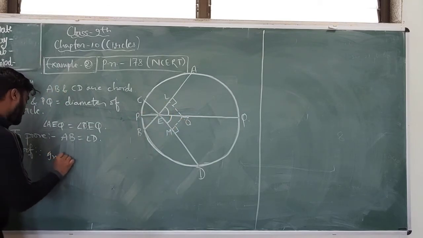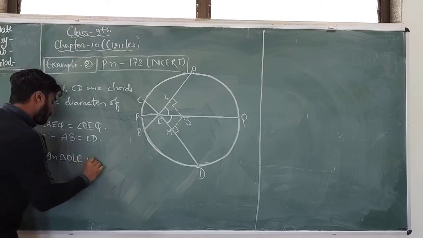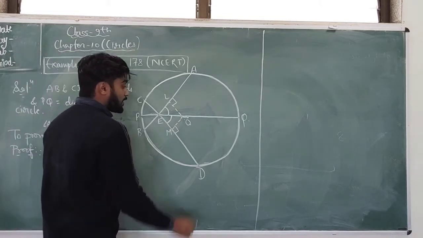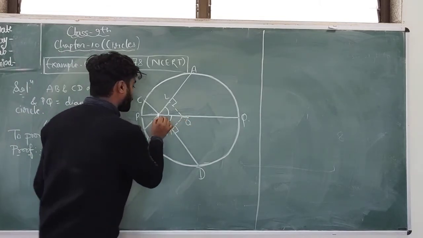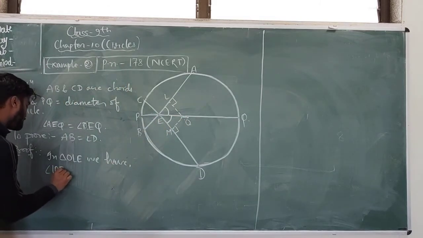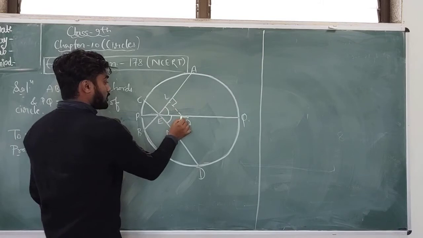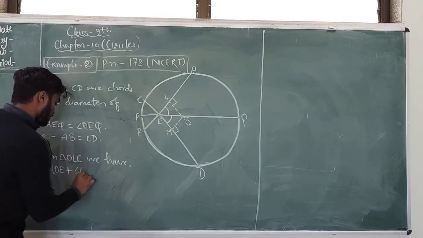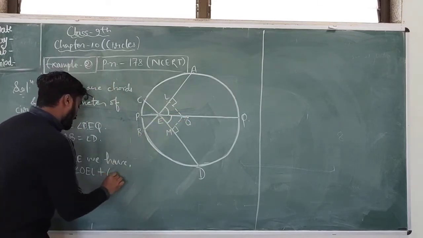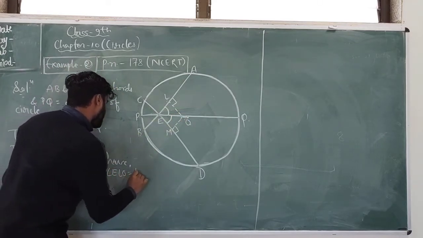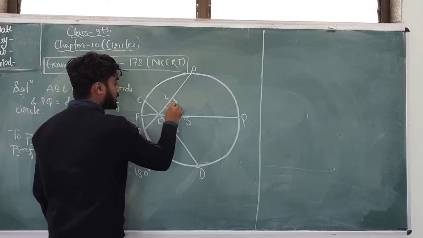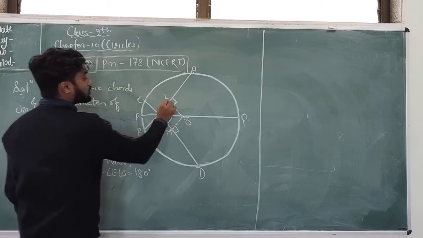In triangle OLE, angle LOE plus angle OEL plus angle ELO is equal to 180 degrees. Since OL is perpendicular, angle ELO is 90 degrees.